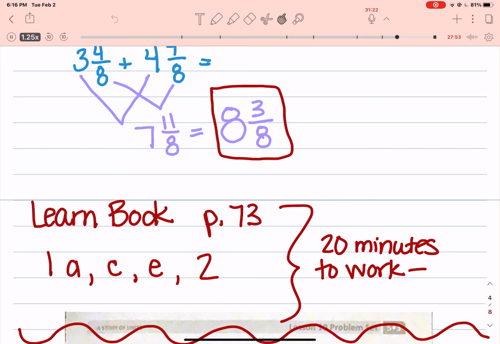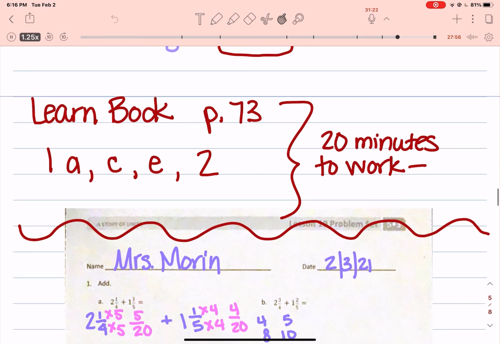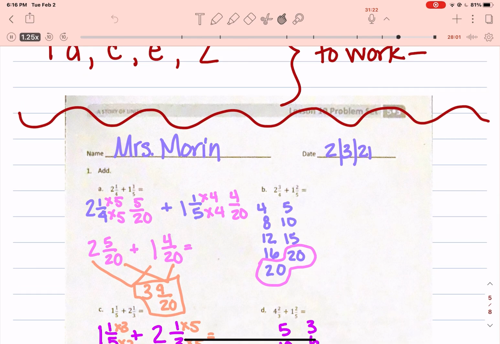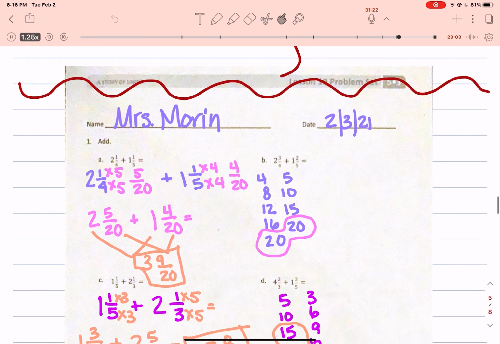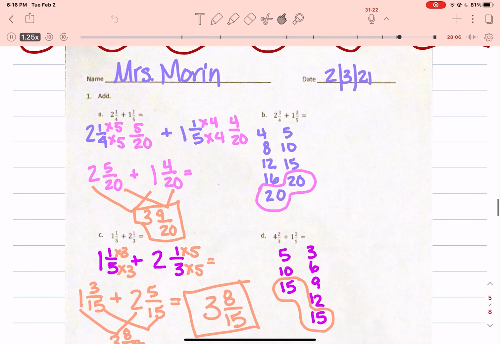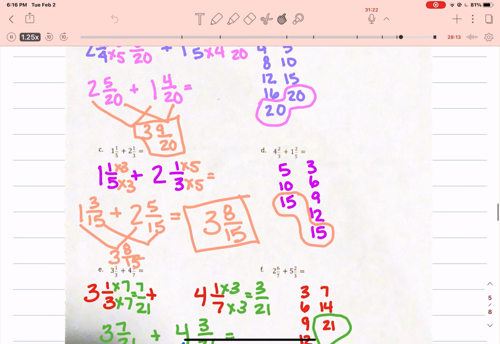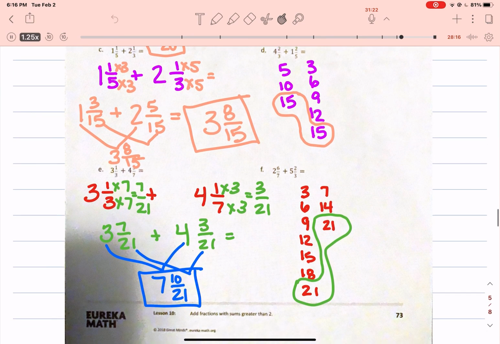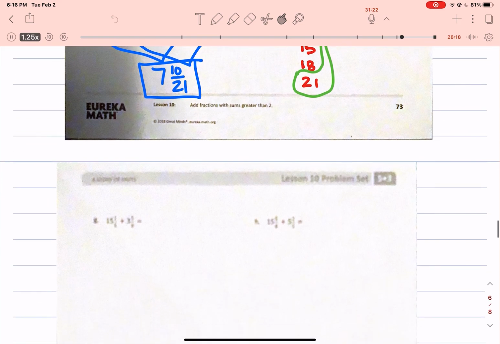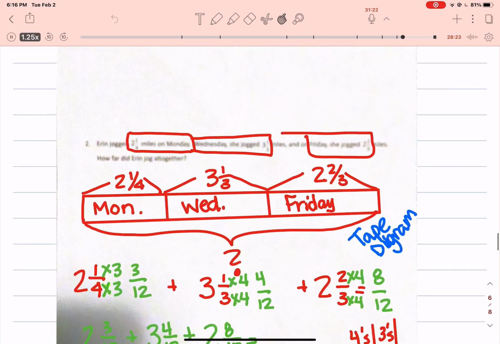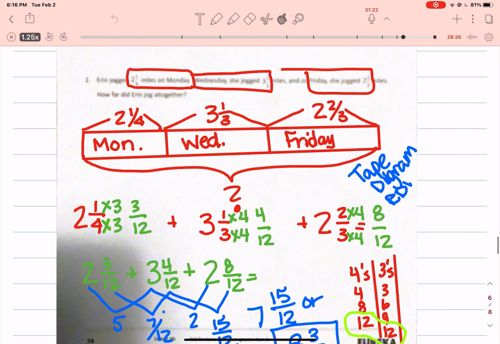Thanks. Okay. So now that you did the problem set and you've worked for 20 minutes, I have your answers here. I put the answers in a square. You can see the work. Your work should be very similar. Make sure that you have a tape diagram here, because it is read, draw, write.